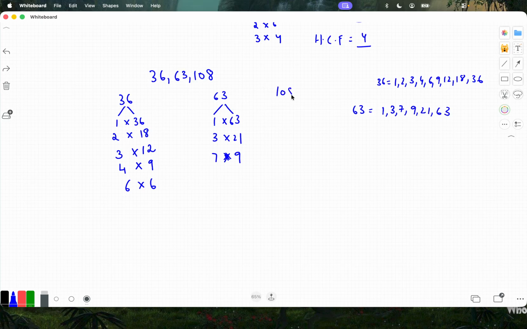Next we will go to 108. 1 into 108, 2 into 54. Okay. Next 3 table. 3 into 36. Next 4 table. 4 into 27. Okay. Next 6 table it will not go.